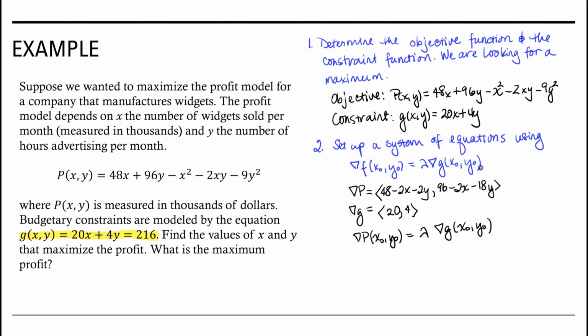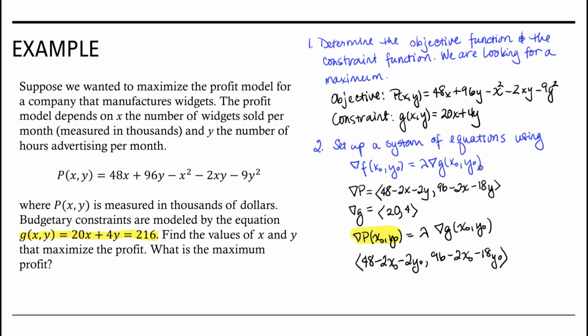Substituting x naught, y naught into p, the gradient of p gives me 48 minus 2 times x naught minus 2 times y naught, comma, 96 minus 2 times x naught minus 18 times y naught. So that's our gradient of p at x naught, y naught.